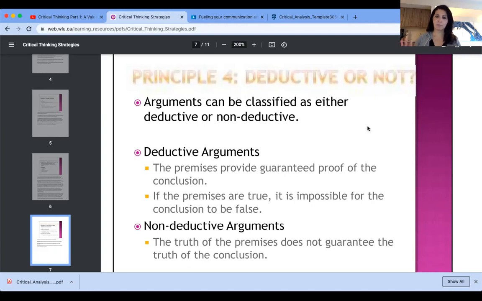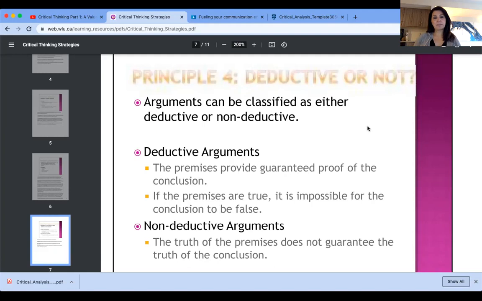If the premises are true, it is impossible for the conclusion to be false. Those are considered deductive.